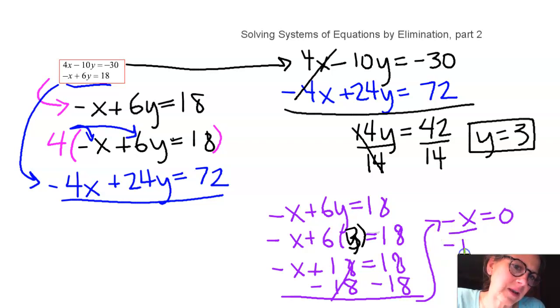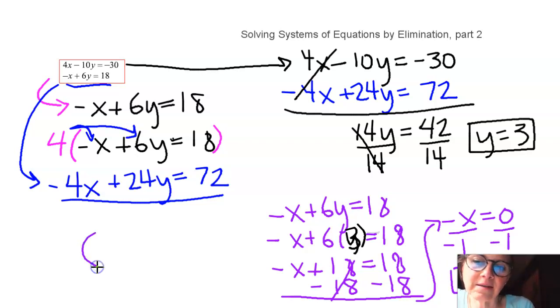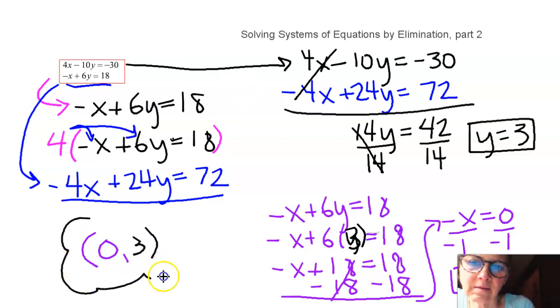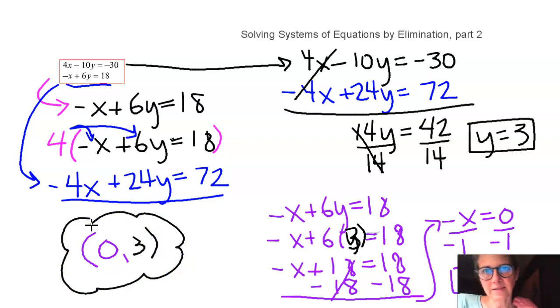Really what I'm doing is dividing by negative 1, but either way, it's still going to be 0. So x is 0. That means my solution set is x is 0 and y is 3. And that's the answer for the whole thing.